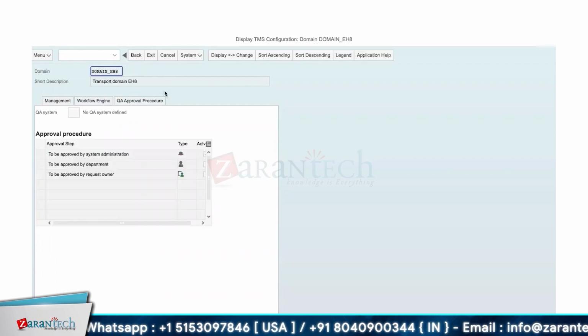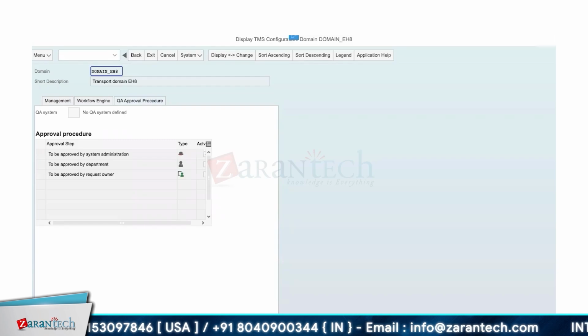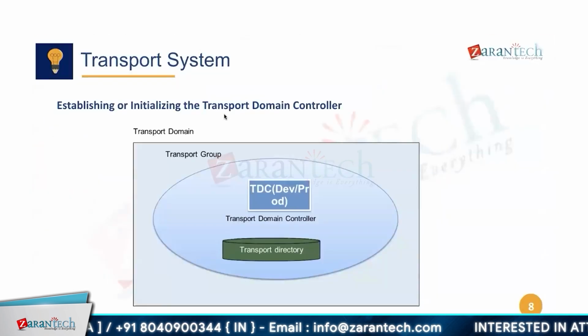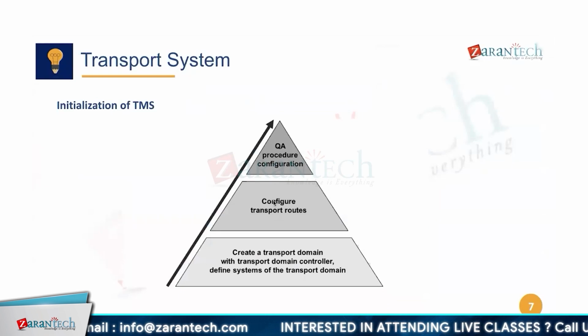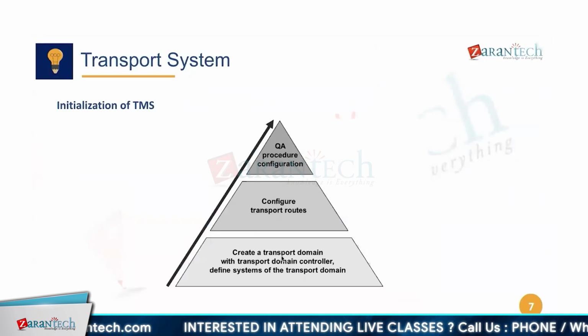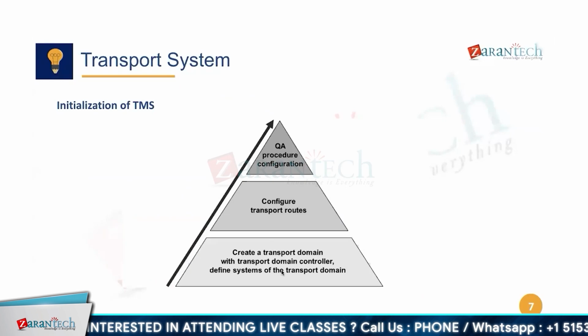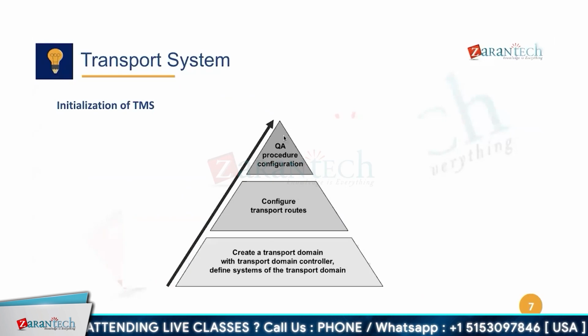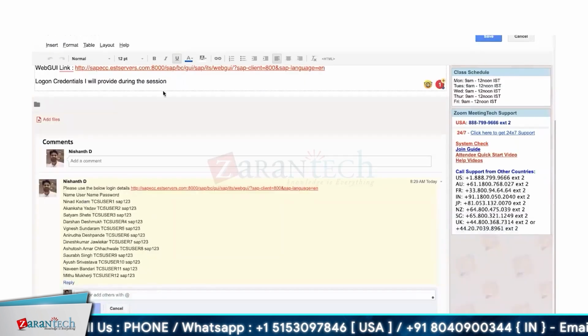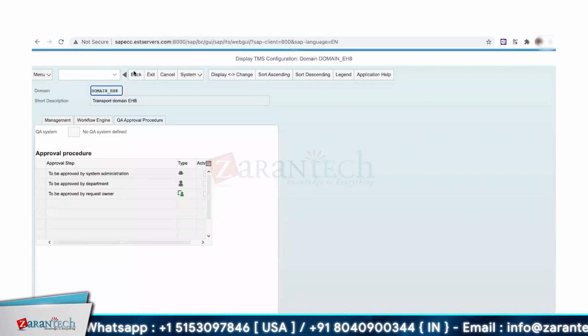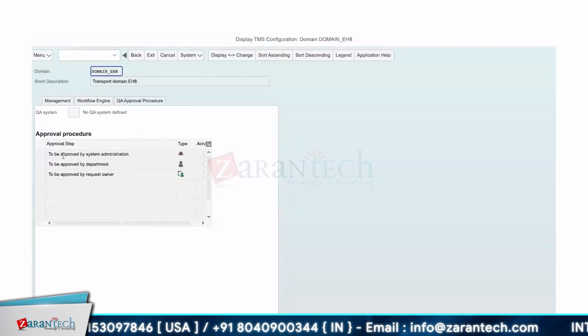When I was explaining this slide, the QA approval procedure, let me go back. Yeah, this one. So configure transport routes, the transport domain controller. You have different transport domains. QA procedure configuration is what I was referring to. So who can approve this transport?